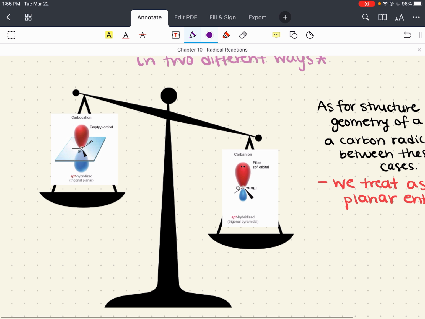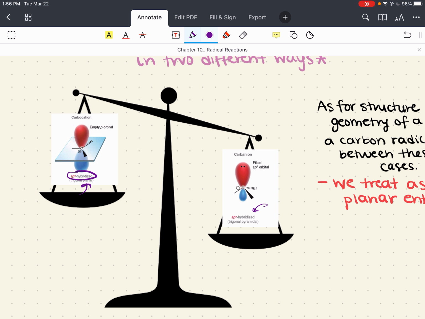All right, so it's sp2 hybridized with trigonal planar geometry. A carbanion is going to be sp3 hybridized, and it's going to have a trigonal pyramidal geometry. The difference in geometry obviously results from the difference in the number of non-bonding electrons. A carbon radical is going to be in between these 2 cases in terms of non-bonding electrons.